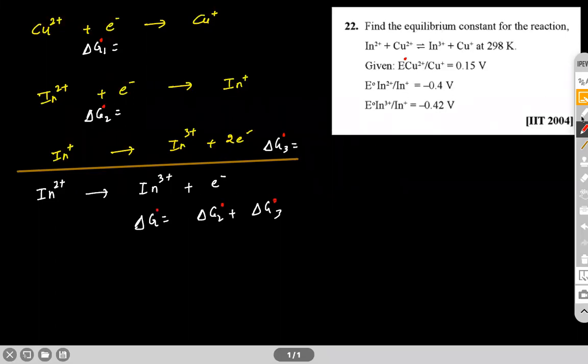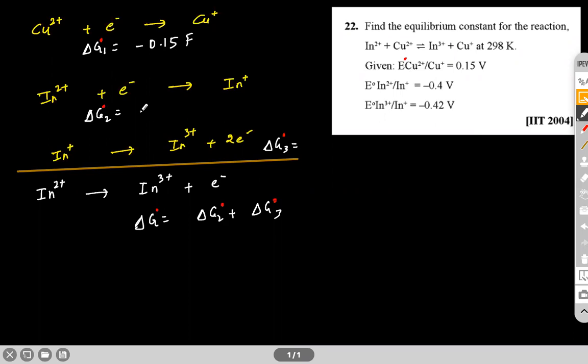Delta G naught. So delta G1 is equal to minus nF E naught cell. N value is 1, and F is Faraday, so we write minus 0.15 F. This is delta G1.